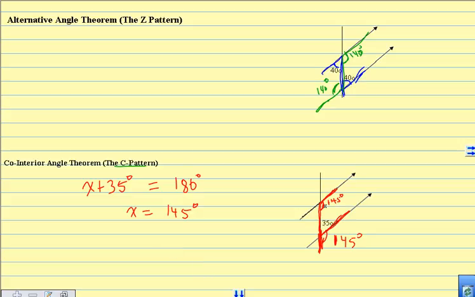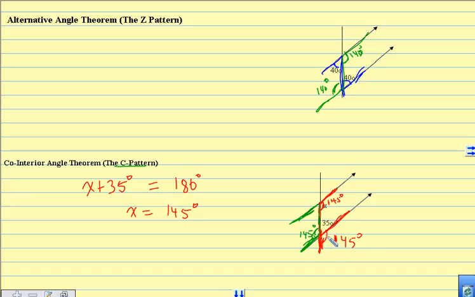It works also the other way. If I have my parallel line here, a backward C, this here, because I know this angle was 35, this one here has to be 145 because of the supplementary, or even just the X pattern now that I've done.